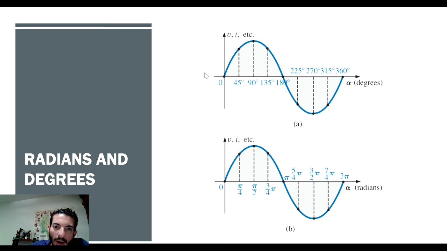Remember, the y-axis, the vertical axis, could be voltage, could be current, could be power, could be sound, decibels, right? So this is a sine wave where, for example, voltage is 0 at a starting point. In terms of degrees, you can have all the way to 360 degrees, which is a full wave.